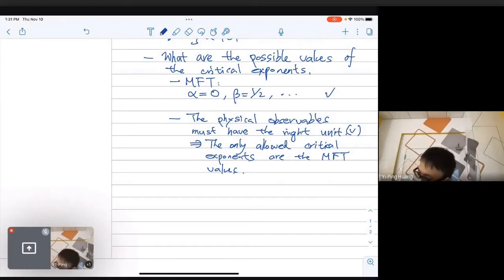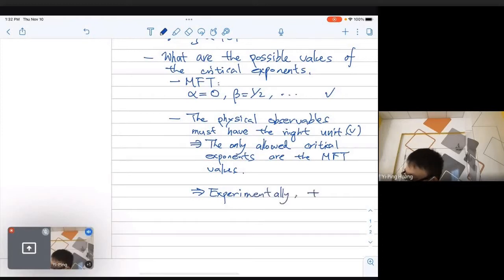However, the trouble that we are facing is that experimentally the critical exponents deviate from the mean field results.